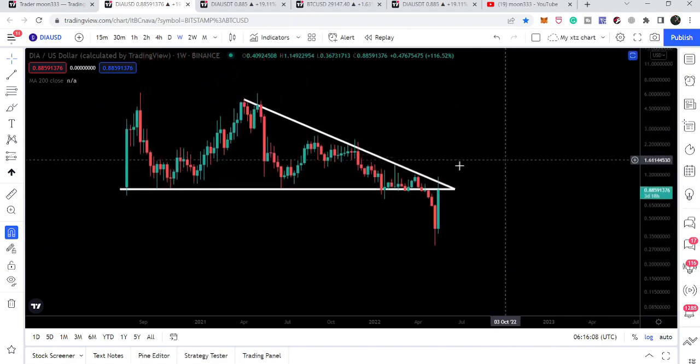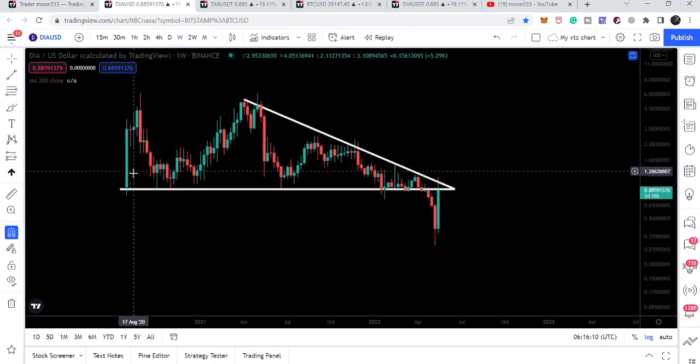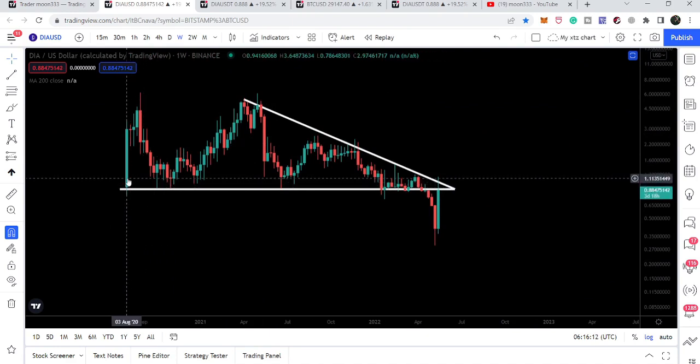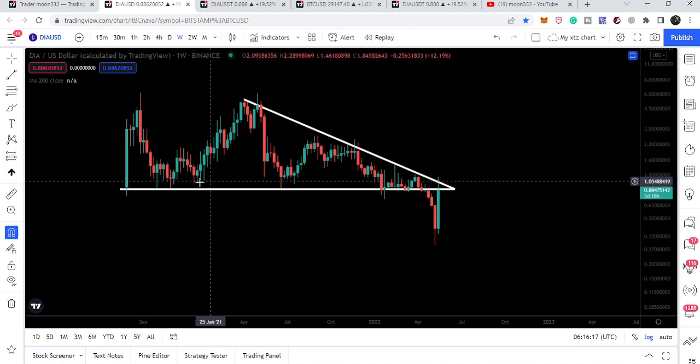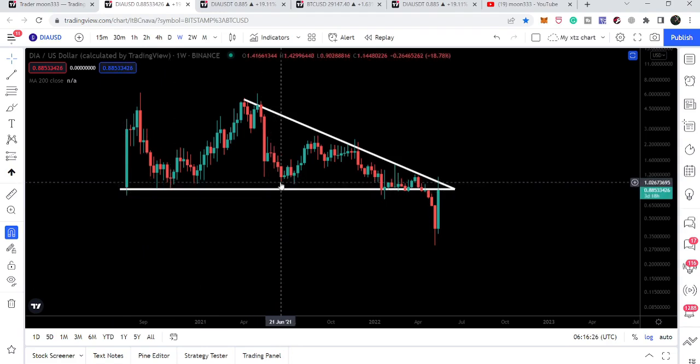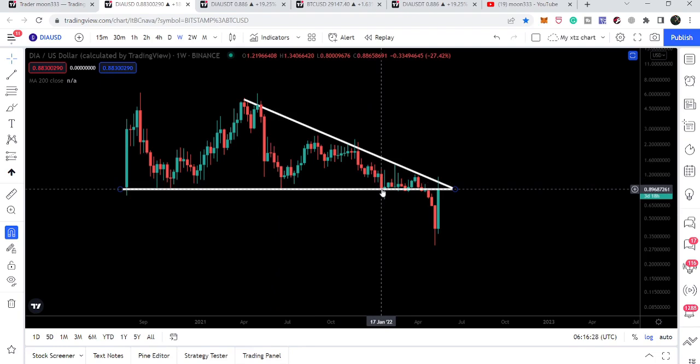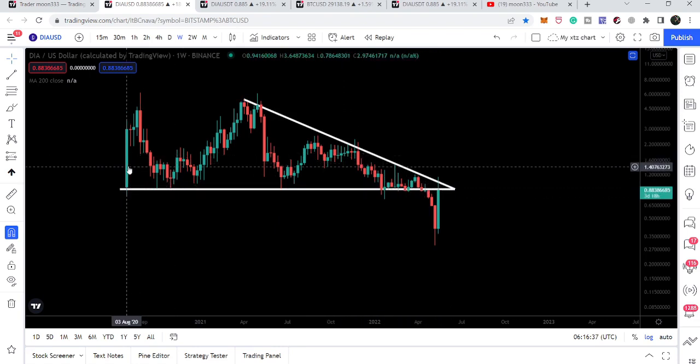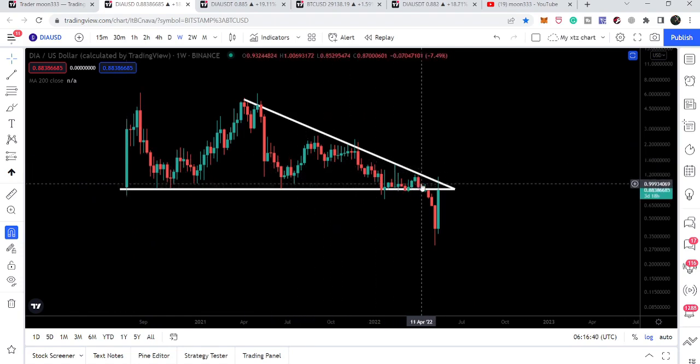And this is the weekly time frame, and we can see that the support of this triangle was found here back in August 2020. This was a really very long-term support, and we can see it here in October 2020, in November 2020, and here once again in June 2021, and from January 2022 up till April 2022, it has been acting as a support, from August 2020 to April 2022.